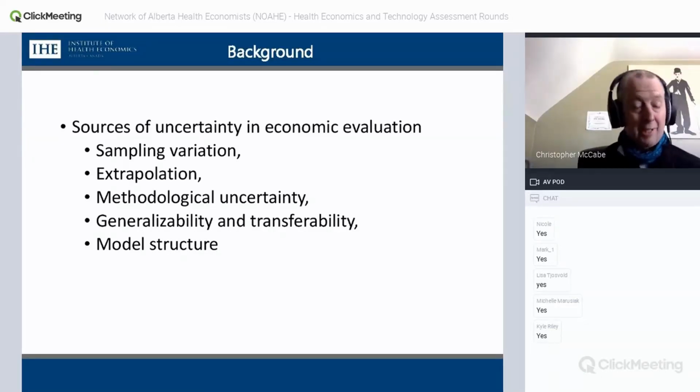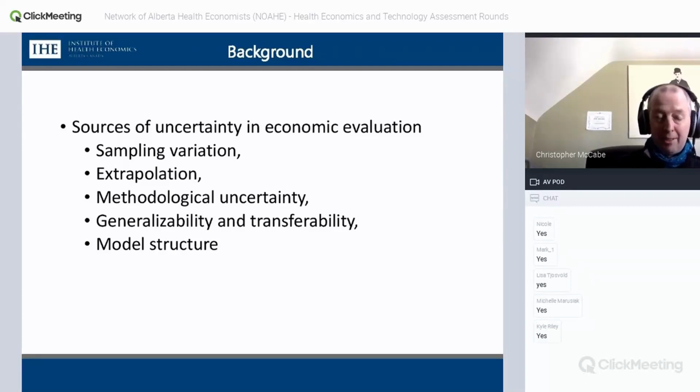There's generalizability and transferability. So, can we generalize from the evidence that we're using as inputs to the model, to the population that are going to be subject to the decision that we're trying to inform, and can we take the results of analysis that's done in one setting or for one population and apply them to a decision that's going to affect a different setting or a different population?